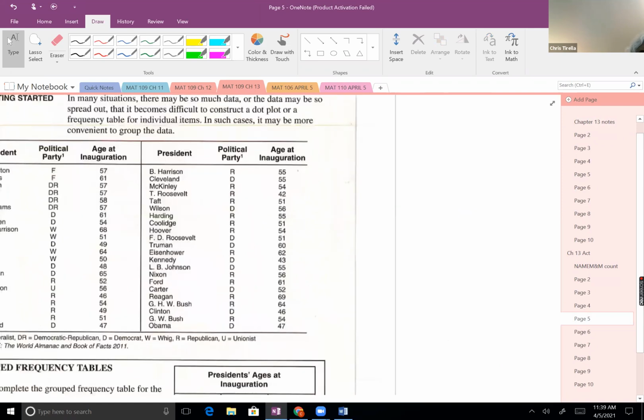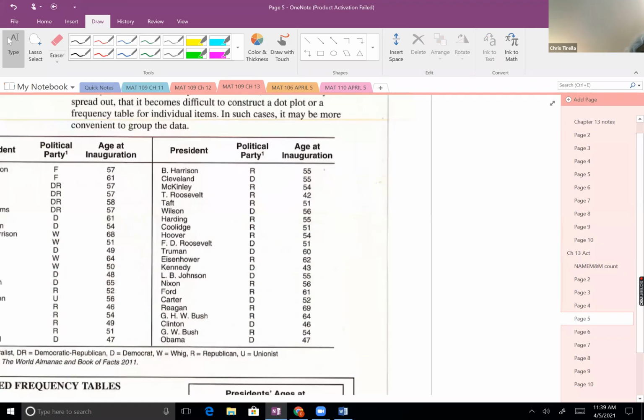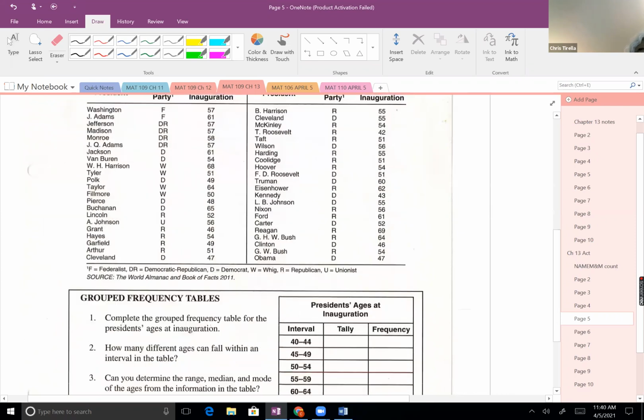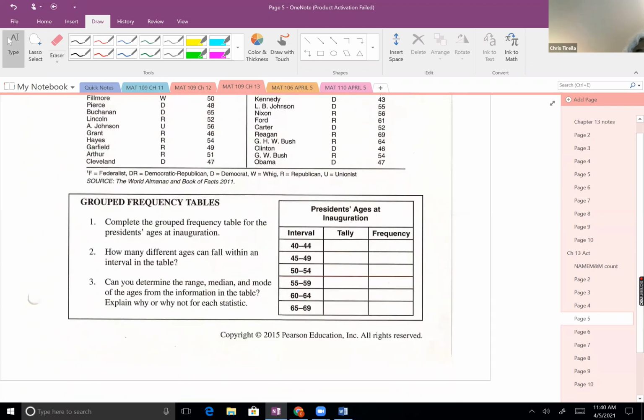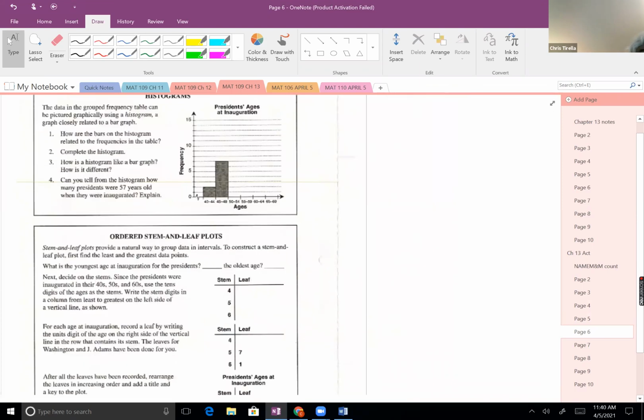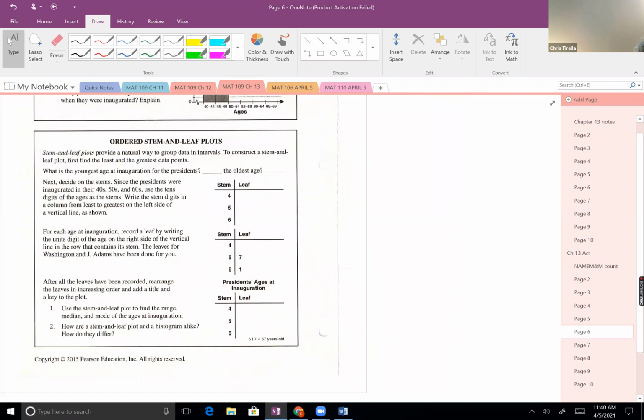And so the first thing they want you to do is make a frequency table, which just would be labeling how many there are in each age group. And then answering whether you can come up with some descriptive statistics. Then from that, they ask you to make a histogram or a bar graph. But then down here, they ask you to make an ordered stem and leaf plot, which is what we're doing.